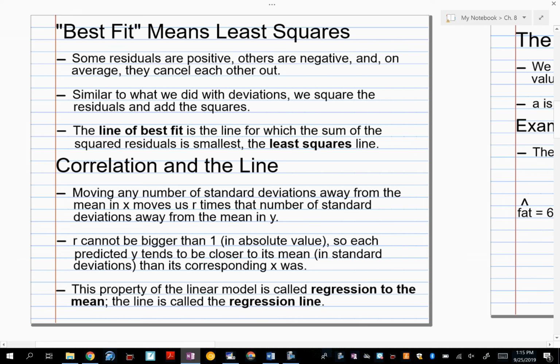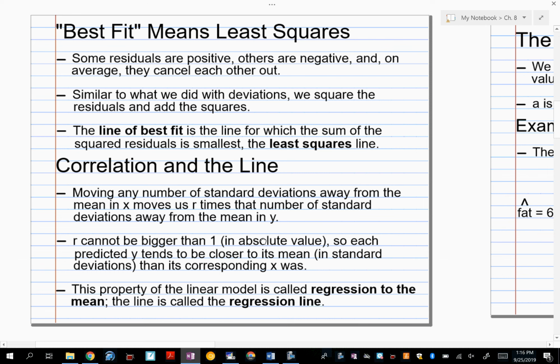Now, the reason I put this on this slide is because there are lots of different ways you can talk about this line: the linear model, the linear regression model, the line of best fit, the least squares line, which I'll go into more detail on right now. If you think back to that one day when we went to our boards and calculated standard deviations.